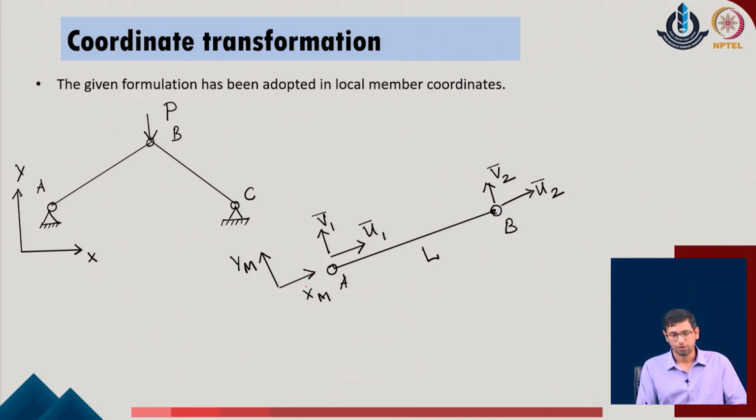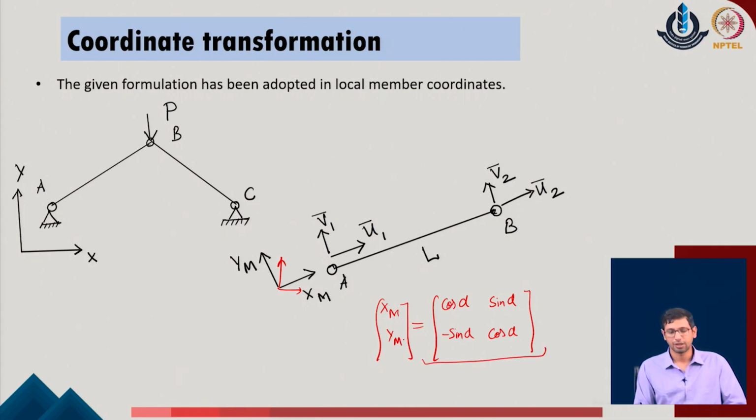If I want to convert from here to the global coordinate of the system, I can make a transition by x of m, y of m in terms of the standard transformation or rotation matrix which we define: cos alpha, sin alpha, minus sin alpha and cos alpha. With this idea we are able to make the transition between the member coordinates and the global coordinates of the given system.